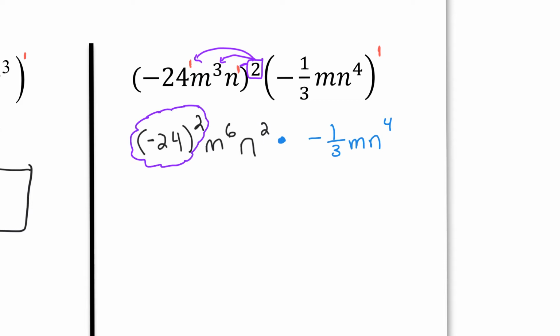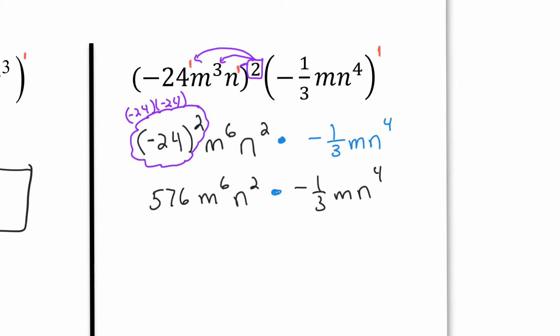So it has to be positive because the exponent is even, and you multiply negative 24 times negative 24, the base by itself 2 times, and that equals 576. Now I do have the m to the 6th n squared, and I'm going to multiply by the negative 1/3 times m times n to the 4th power.